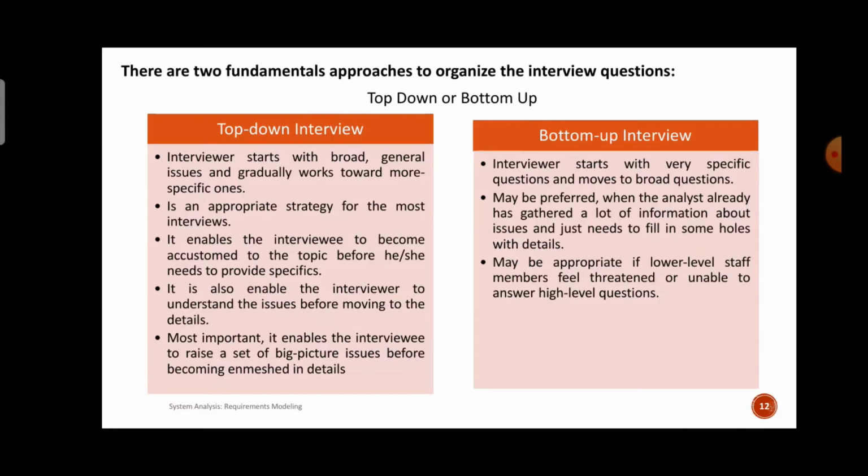It is an appropriate strategy for most interviews. It enables the interviewee to become accustomed to the topic before he or she needs to provide specifics. It also enables the interviewer to understand the issues before moving to the details. Most important, it enables the interviewee to raise a set of big picture issues before becoming enmeshed in details.